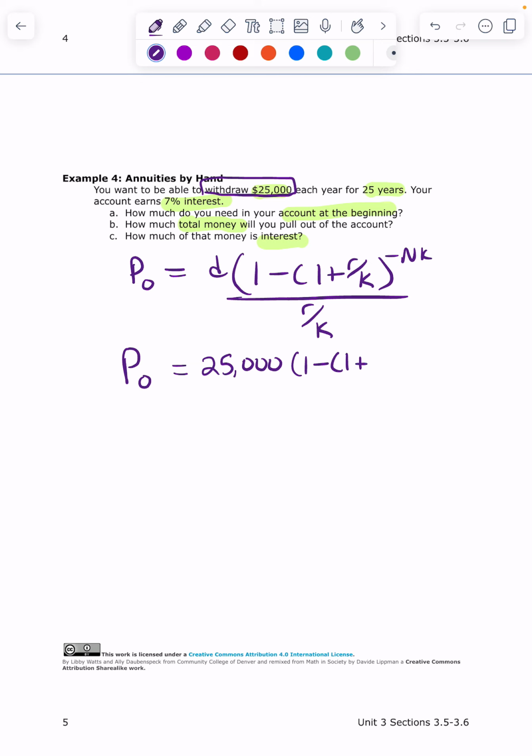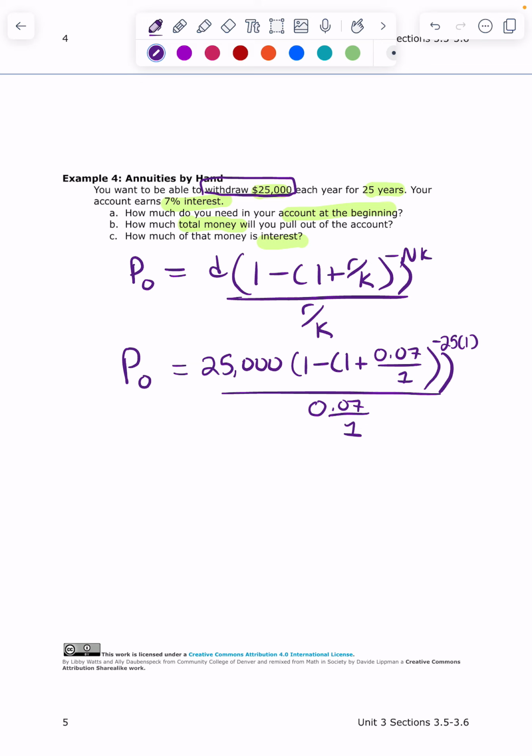And then there's a 7% interest rate, and it's annually, so divided by 1. And then that gets raised to the negative 25 times 1, all over the 0.07 over 1. Now, since it's over 1 in all those places, you don't actually need to write it, but I was going to show you, oh yeah, we should have an extra parenthesis right there.